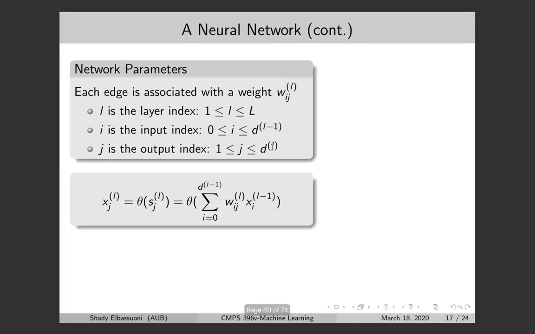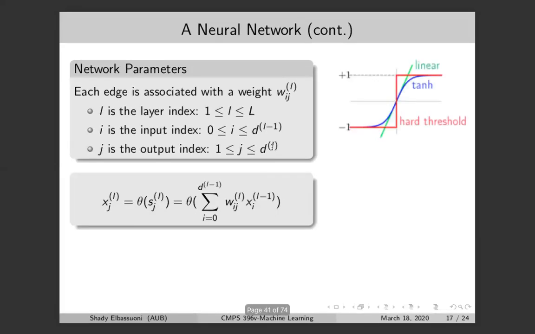And we said xj of l, the output or the activation of a neuron, is the input to the next layer. So xj of l is nothing but theta of the signal of neuron j of l. The activation of a neuron is some nonlinearity over the signal getting to this neuron, and the signal is nothing but the summation of weight times input.